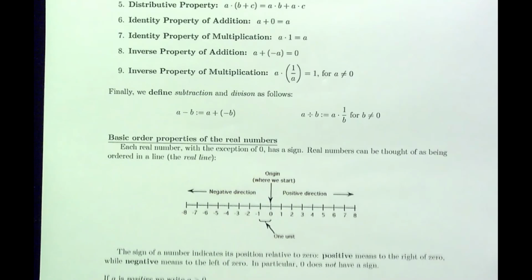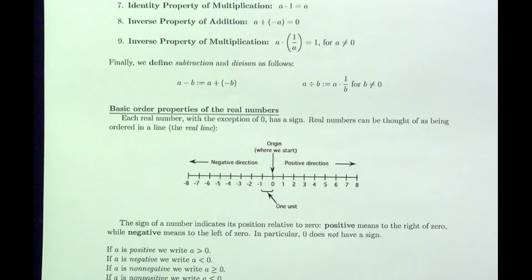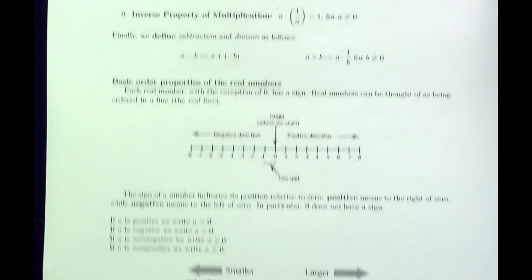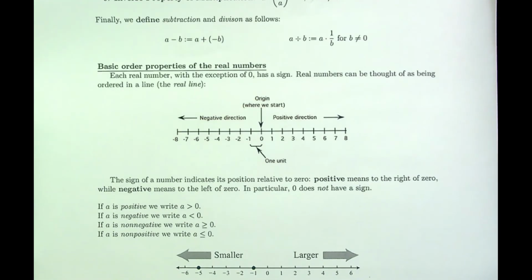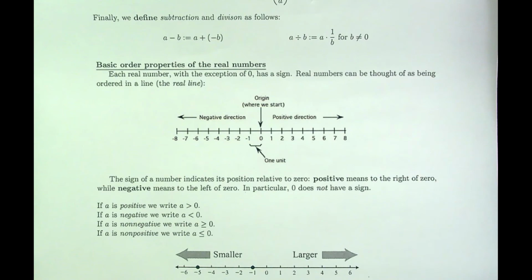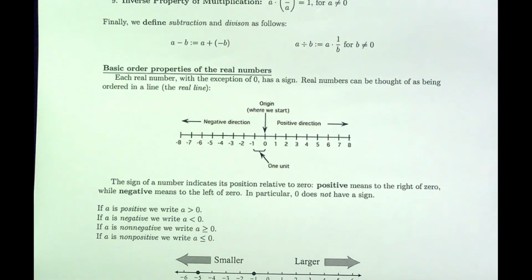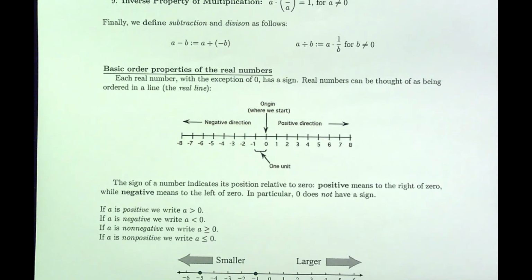Now, lastly, we can talk about the order that real numbers have. All the real numbers can be arranged on a line, the so-called real line. And you can give them a sign.